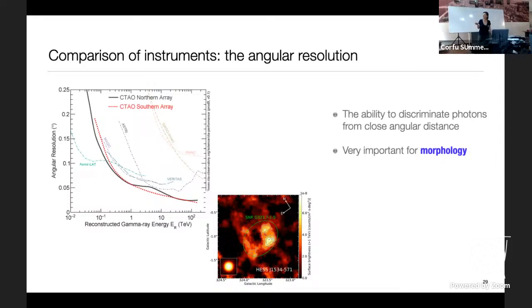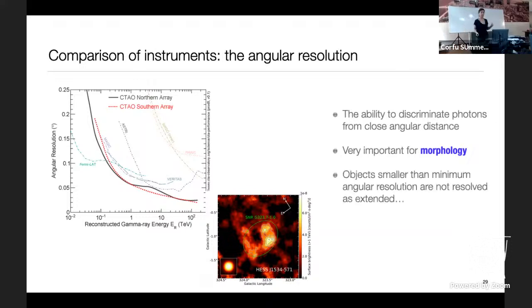It tells you the ability of reconstructing the width of a point-like source for a specific detector. It's very important if you want to do, for example, morphological studies. Not only do you want to count photons and their energy, but you want to localize them in a narrow region of the sky. Then you need to have a very good angular resolution. And it's pretty difficult to obtain this.